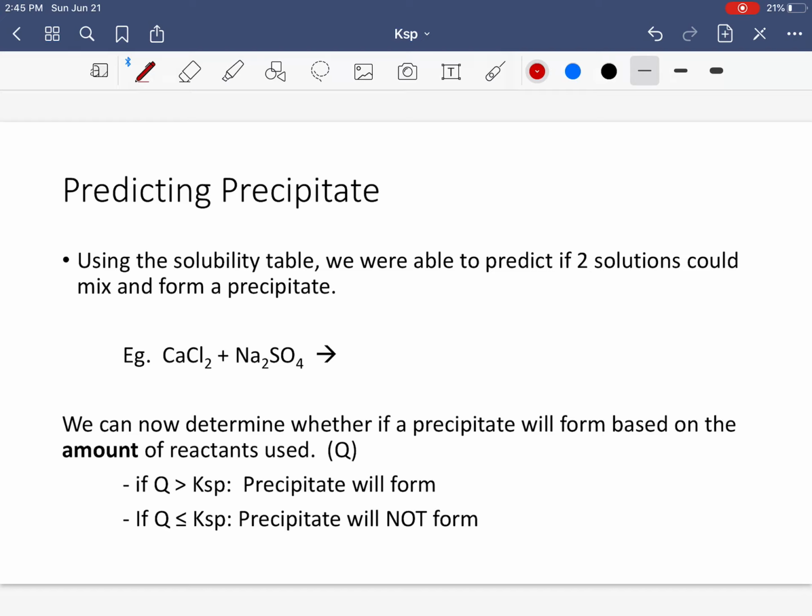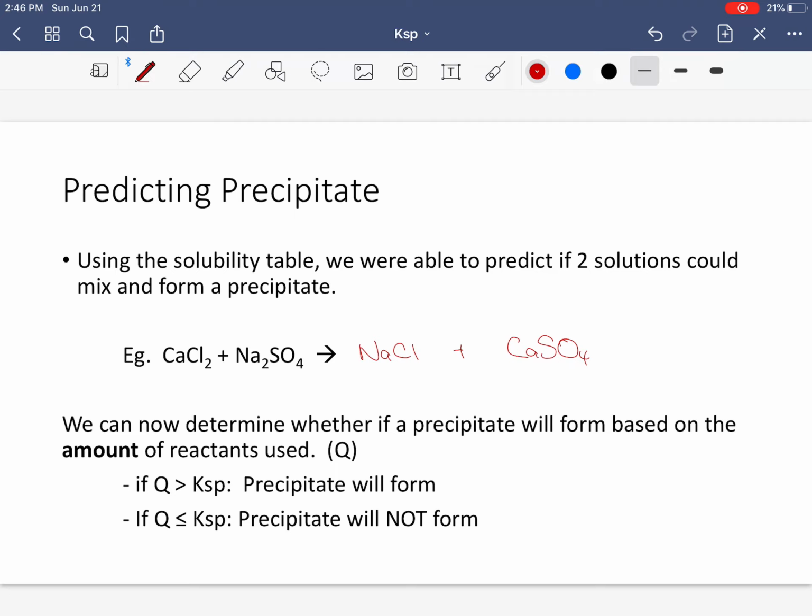I've been doing that ever since grade 10, remember? If I give you this reaction right here and ask you for the products, you will know, oh, this looks like a double displacement reaction. You're going to get NaCl, and you're going to get CaSO4.